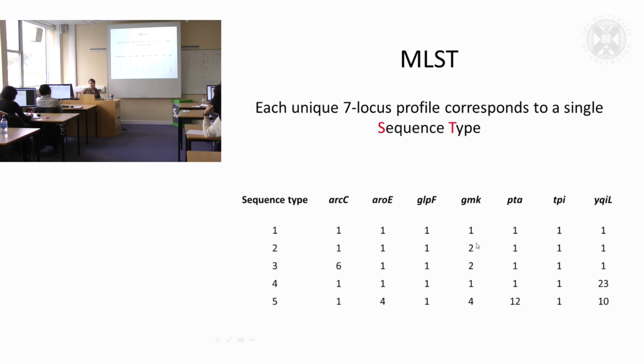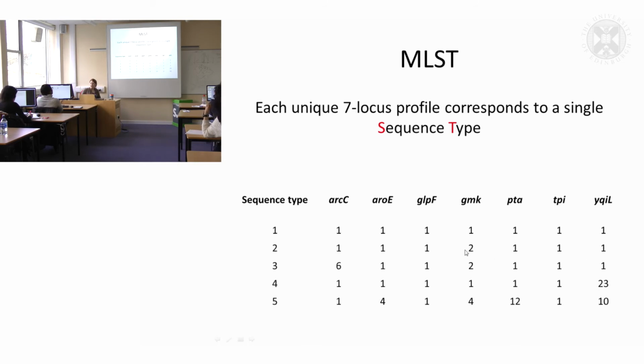So in Staphylococcus aureus, there are 7 genes that are used for multi-locus sequence typing. As I say, it tends to be between 6 and 8, depending on the species that you look at. For each of these there would be an allelic variant of this particular gene. So you can see sequence type 1 has allelic variant 1 for all 7 genes. And then sequence type 2 has allelic variant 1 for all genes except for this one.